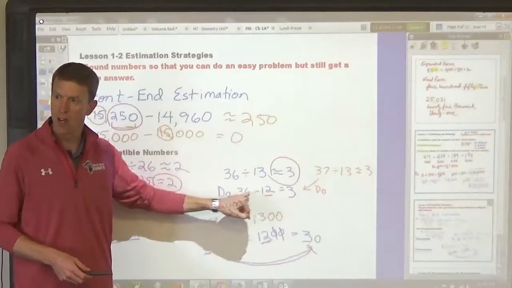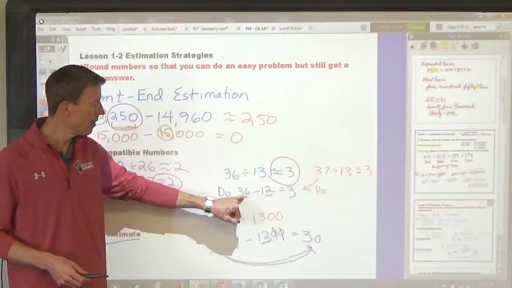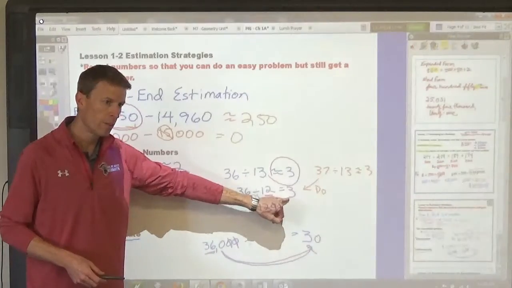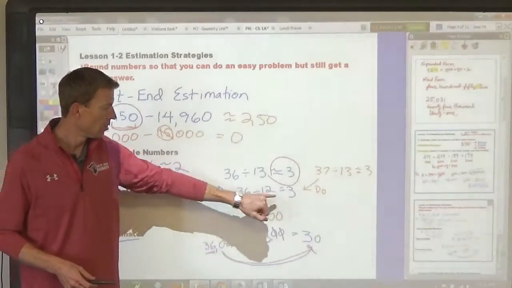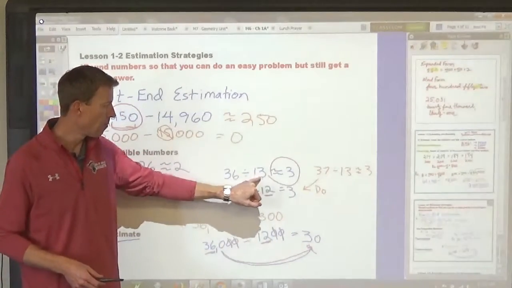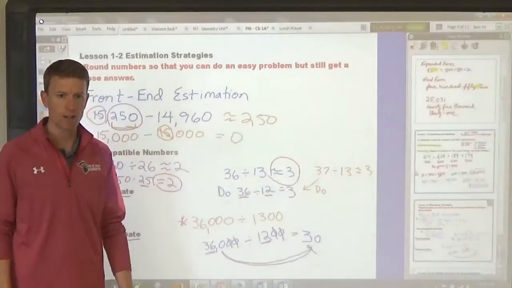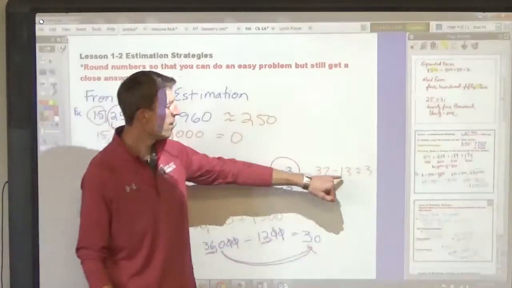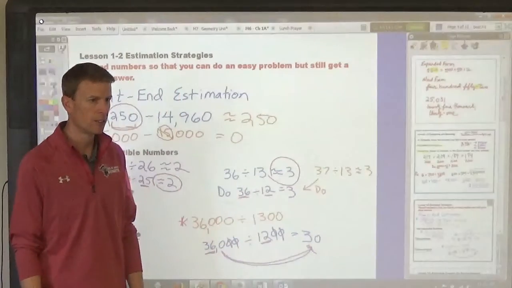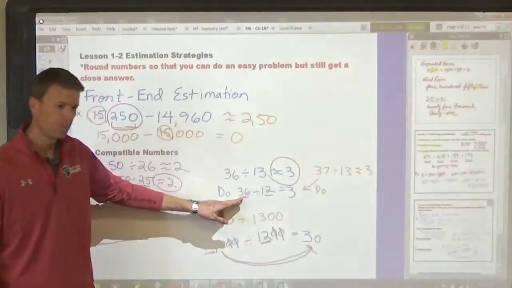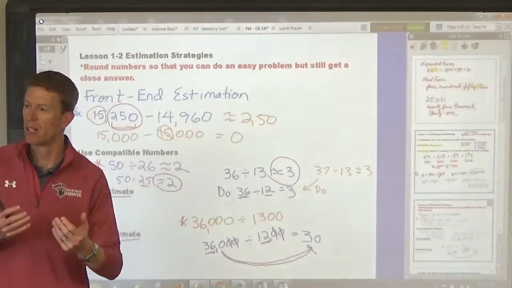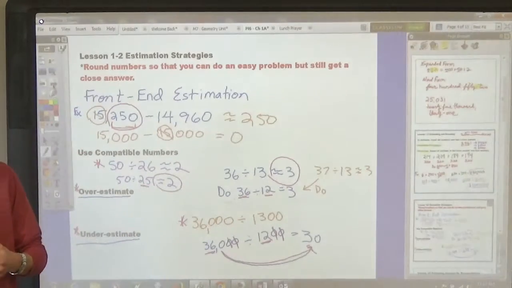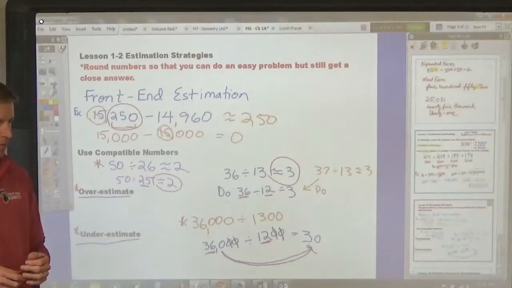And those two numbers are compatible because they divide evenly to get a whole number answer. So, round 36 divided by 13 to 36 divided by 12, because those numbers fit together. Or 37 divided by 13 is really close. Do the same thing. Find numbers that divide evenly and make a whole number.